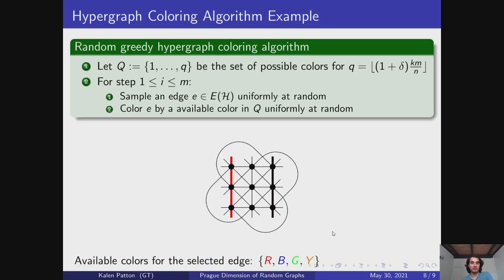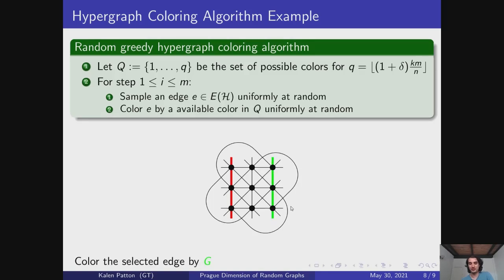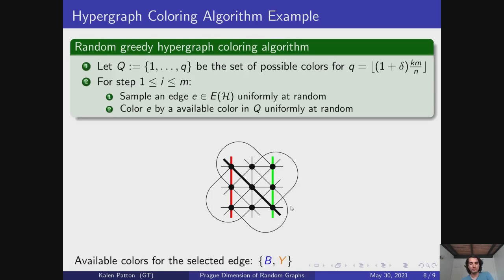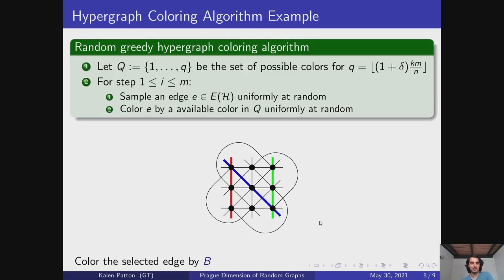So we'll sample an edge uniformly at random, and then we'll look at the set of available colors. Because this edge doesn't intersect any previously colored edges, all colors are still available, so we simply pick a color uniformly at random. Now if we next sample this edge, it intersects a red edge and a green edge, so the only available colors are blue and yellow. So our algorithm will pick from among these two available colors uniformly at random, and then assign that color to the edge, so say blue.